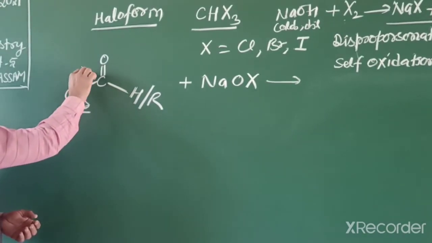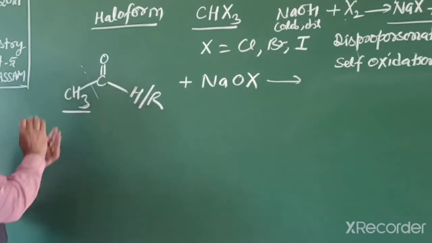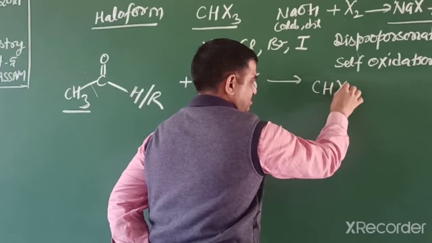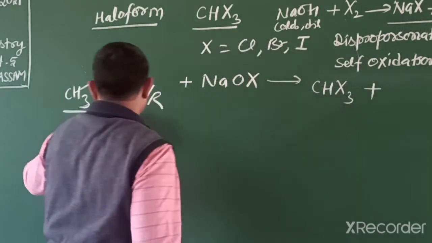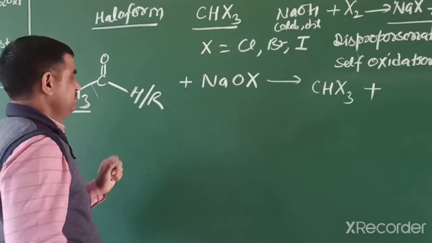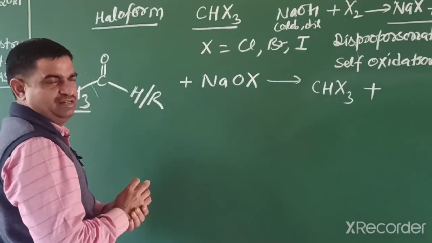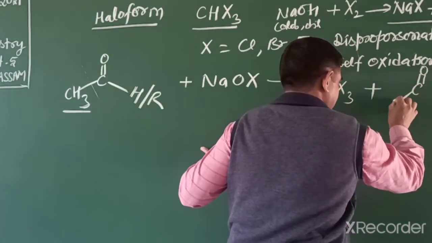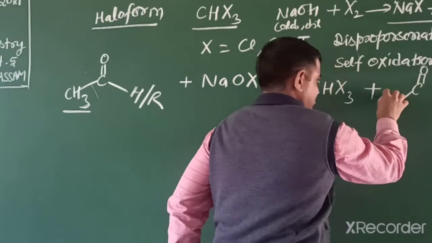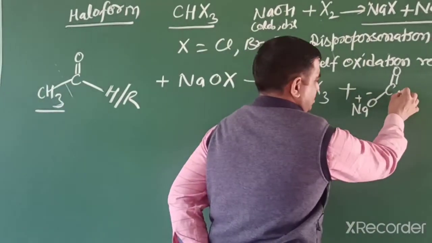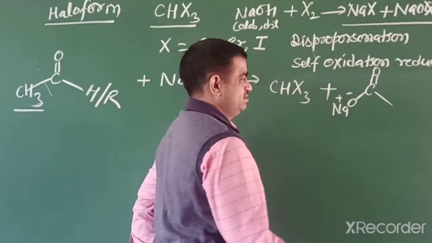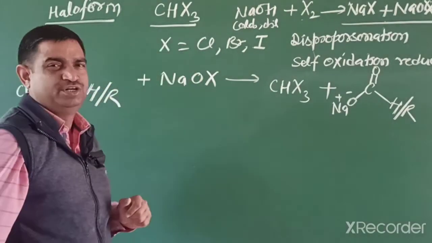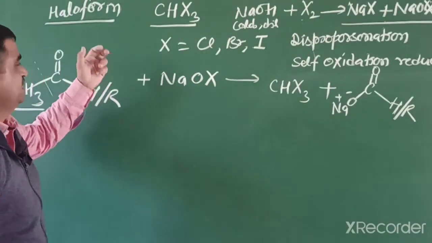The next step is dissociation from the CH3 carbon bond, and the product is haloform, CHX3, and further we get the sodium salt of a carboxylic acid with one carbon atom less. The number of carbons is lesser than the parent carbonyl compound. So this reaction is known as the haloform reaction.